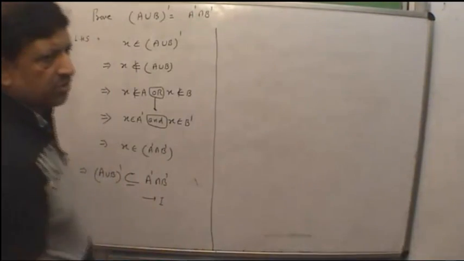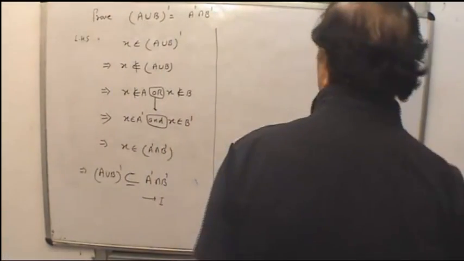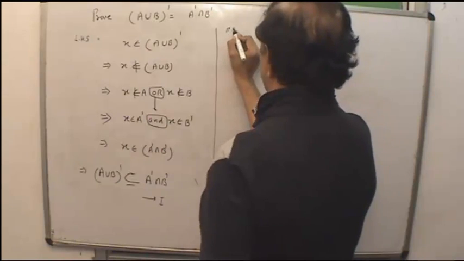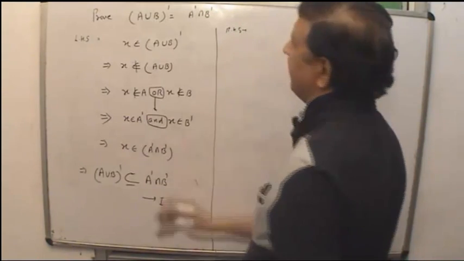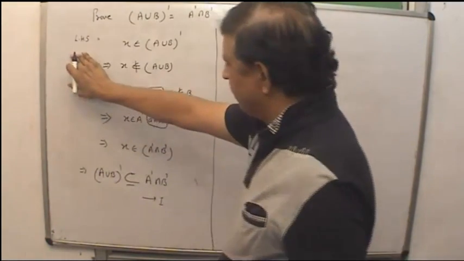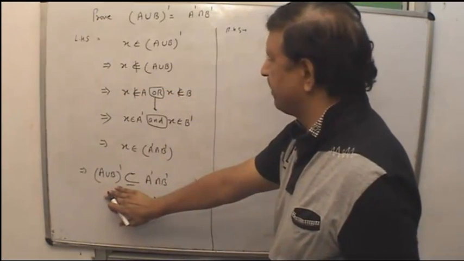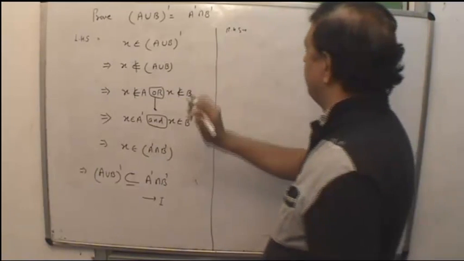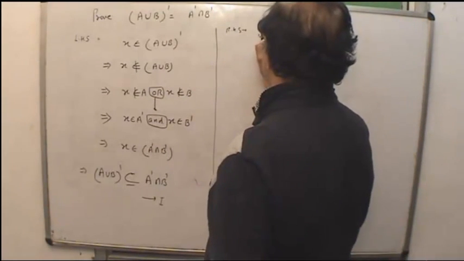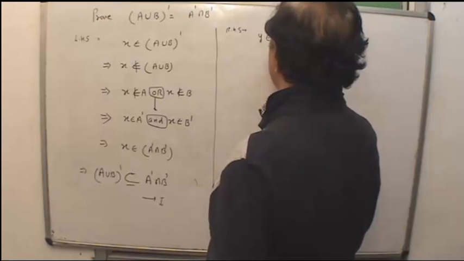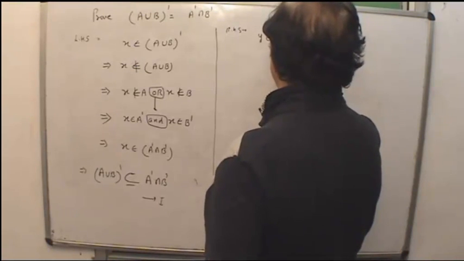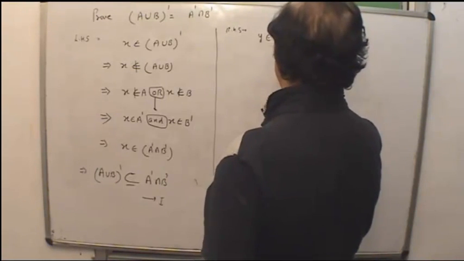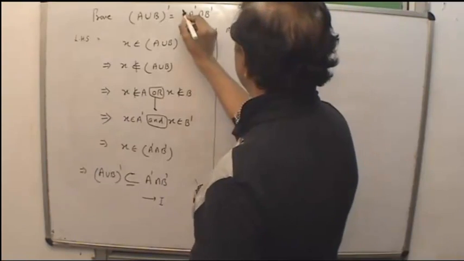Similarly, now we start from the right side and we will finish on the left. We started first from the left and finished at the right. Now we will start from the right and finish at the left. We consider some other element, say Y. Y belongs to A complement intersection B complement.